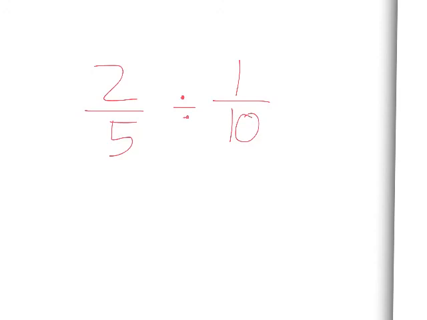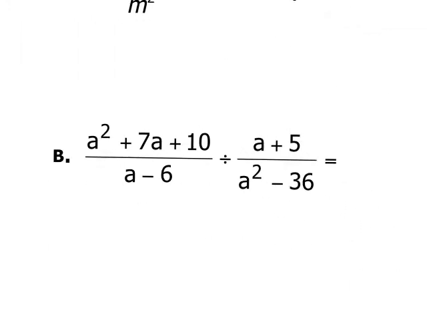The first fraction stays the same. And then I multiply by the reciprocal. So what's the reciprocal mean? Flip the second fraction, right? Now I can go ahead and multiply just like I did before. So you can cross reduce and multiply. Okay, we get the picture? So every subtraction problem I'm turning into an addition problem. Every division problem I'm turning into a multiplication problem.